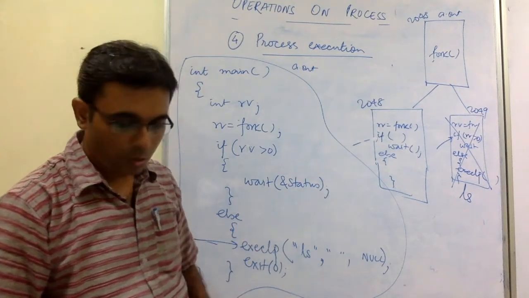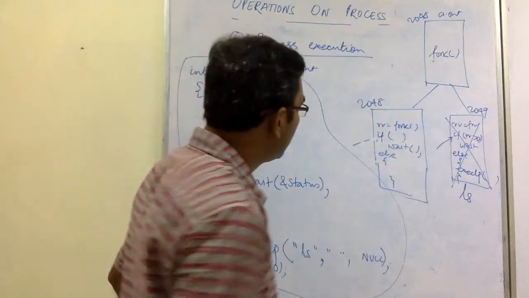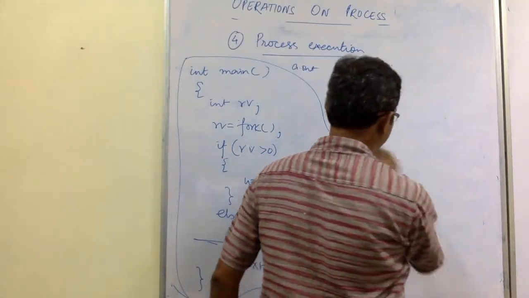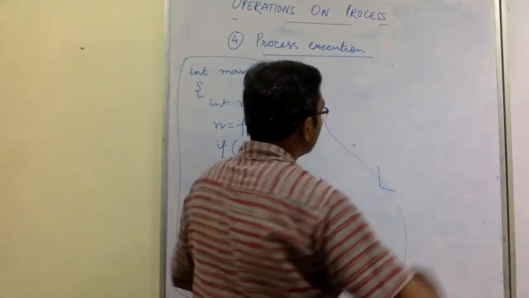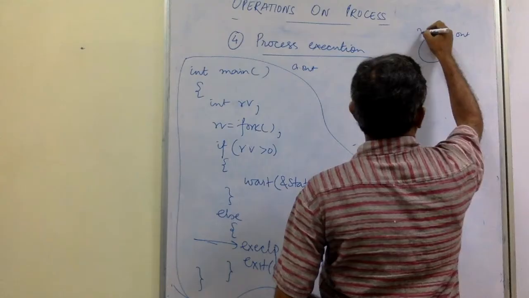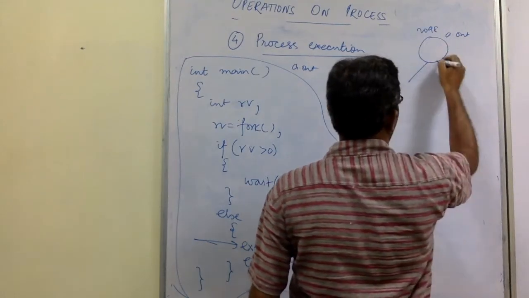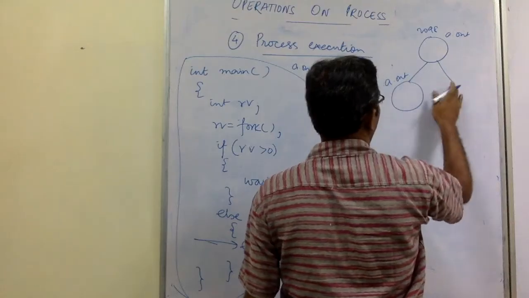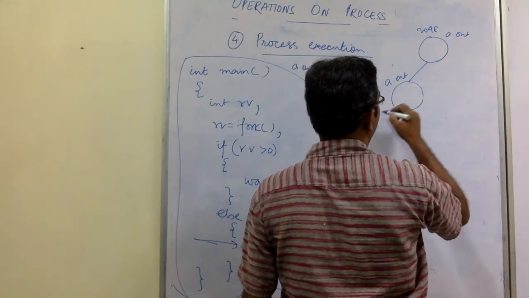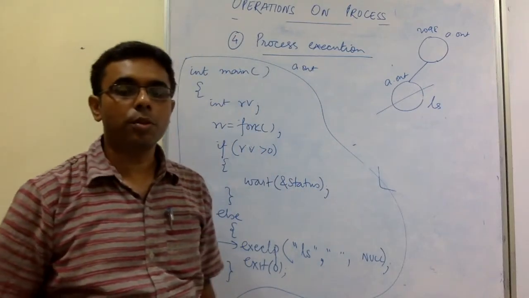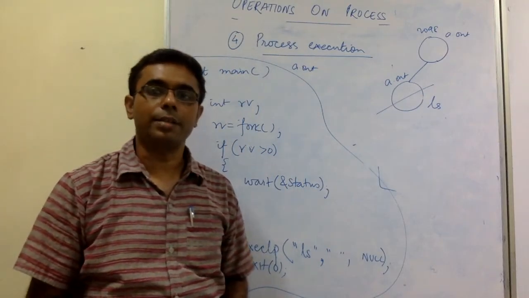So you see, what happens is this process called a.out did a fork and created another process, okay, a.out, and then it was overwritten by a process called ls. Now you have two processes, a.out and ls.